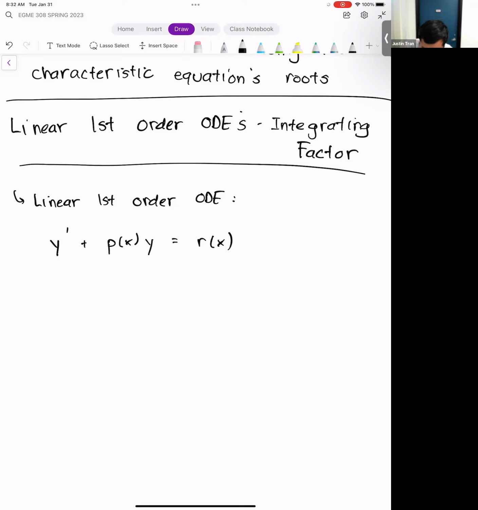And the most important feature of this form is the fact that whenever you see a term with y, whether it be a derivative, y prime, or y by itself, it only appears in the first order.